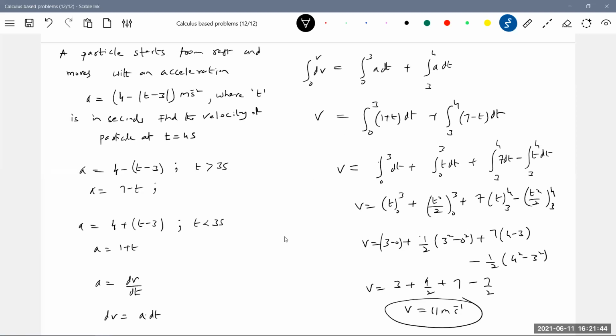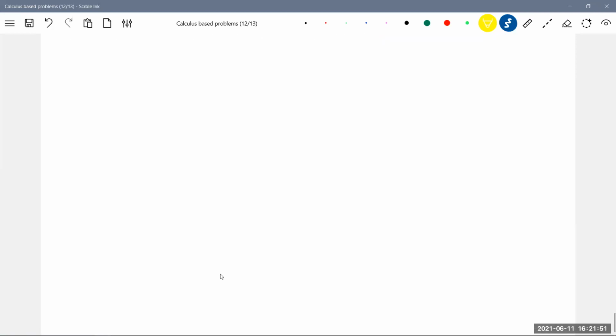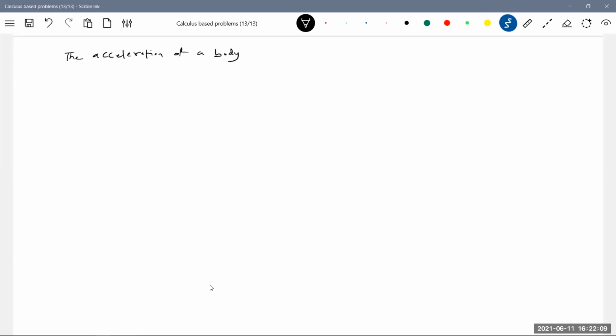I will go for the last one more problem. We took only acceleration, now I'll bring another condition. The acceleration of a body is given by a equal to minus 10v.